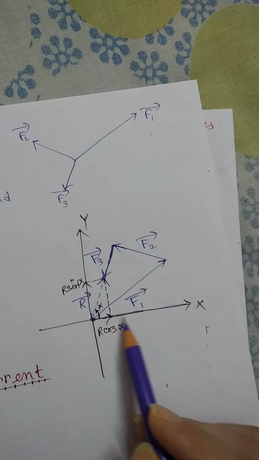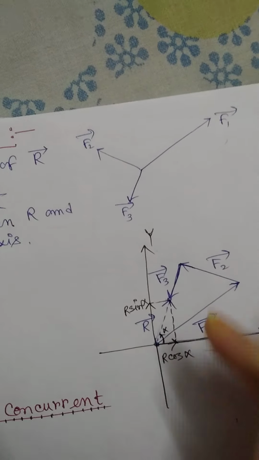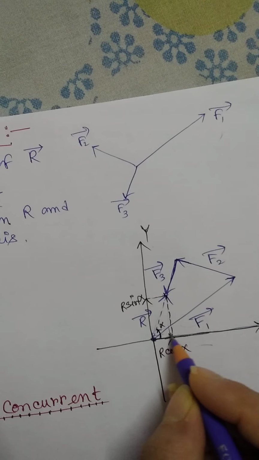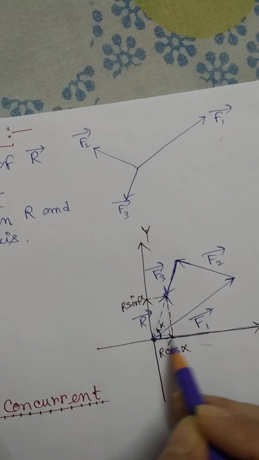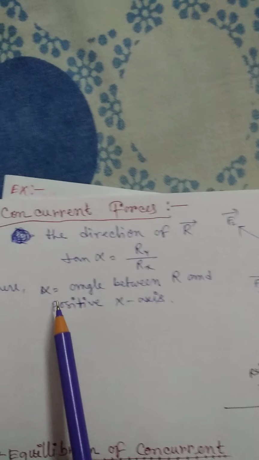If we consider that this resultant vector makes angle alpha with positive x-axis, then what about the direction of R? So tan alpha equals Ry by Rx. Rx means the component of R vector along x-axis, and Ry means the component of R vector along y-axis.